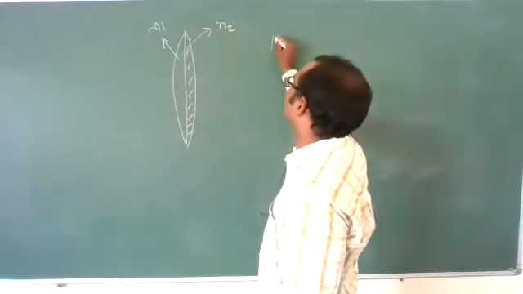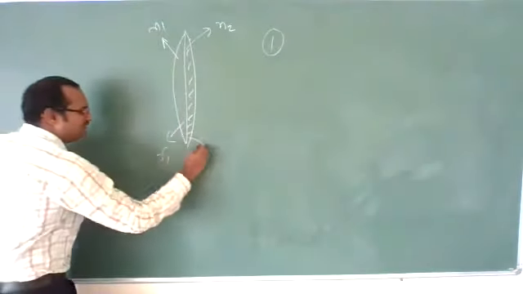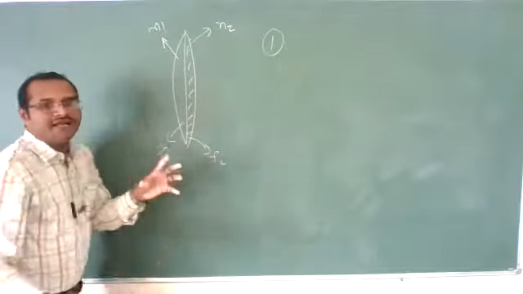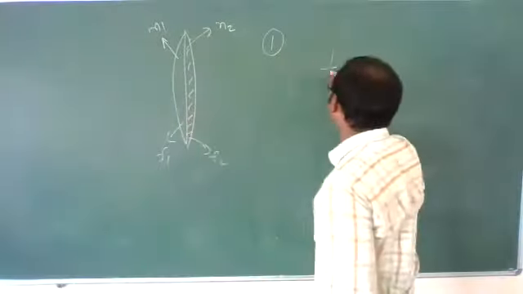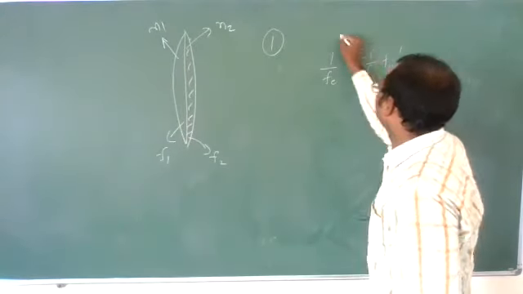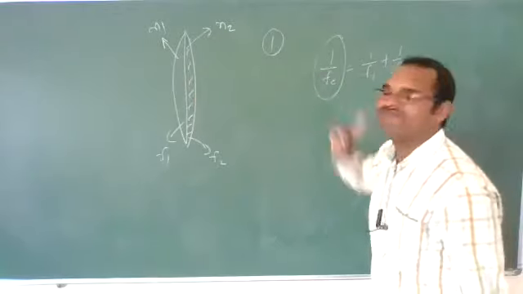Only 1 image will form. Why? Because this is acting like a different focal length, and this is also acting like a different focal length. But these two will form a total equivalent focal length, 1 by f1 plus 1 by f2. This total combination will behave like only one focal length. So only one image will form.